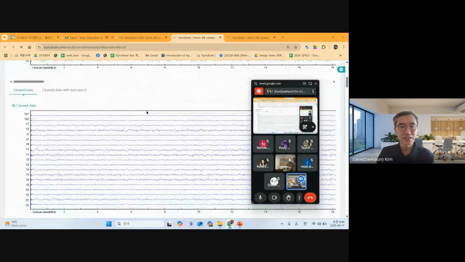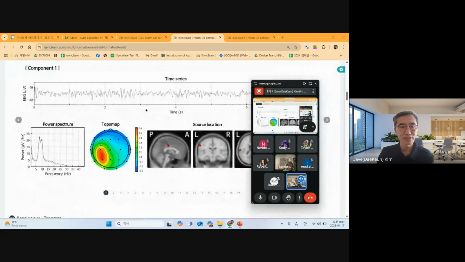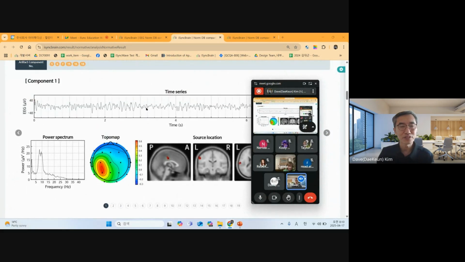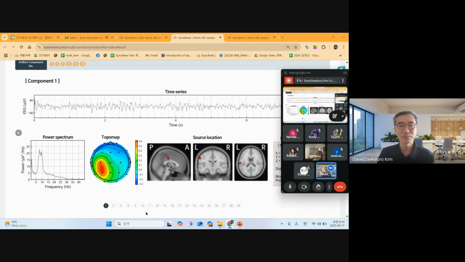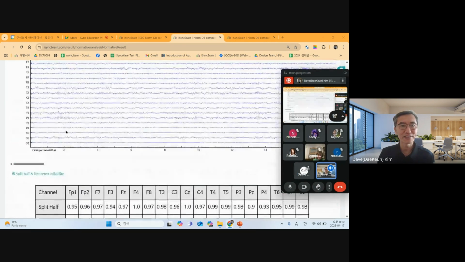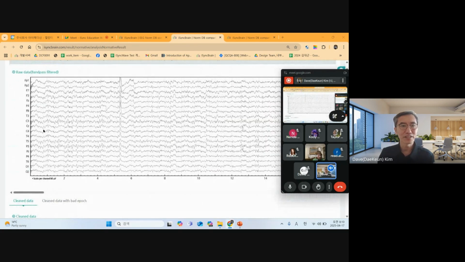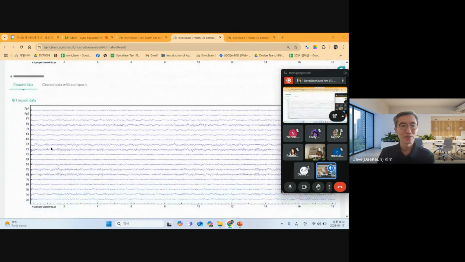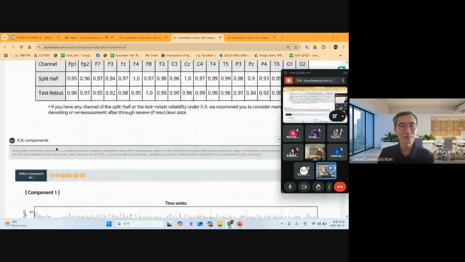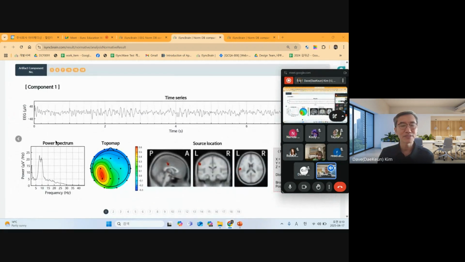This is the same data we saw in the presentation, but I want to give you this kind of component information. We can design the photobiomodulation just using these components, because basically we have 19 components coming from the 19 sensor level oscillations. The 19 components coming from the 19 time series are usually arranged in order of power.